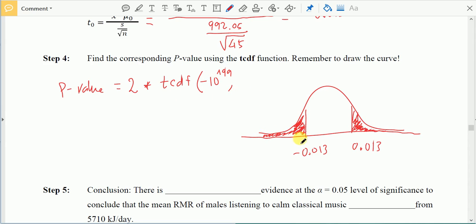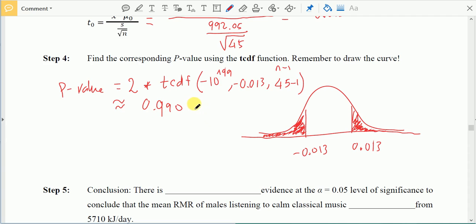Now the upper bound is minus 0.013, and the degrees of freedom is n minus 1, right? n is 45, so 45 minus 1 is 44, or I just write 45 minus 1 here.